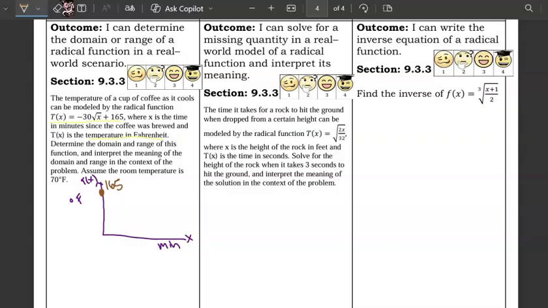And it's reflected across the x-axis, so it's going to be opening this way. And it's going to stop when the y value is at 70. Let's figure out what the x value would have to be for the y value to be 70.